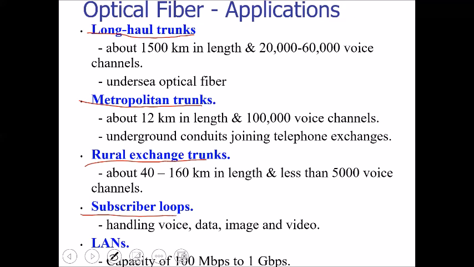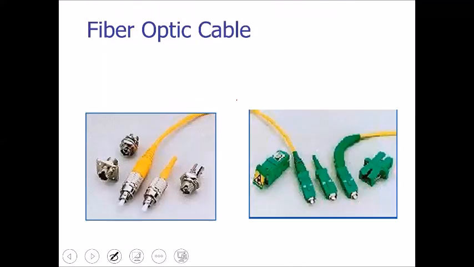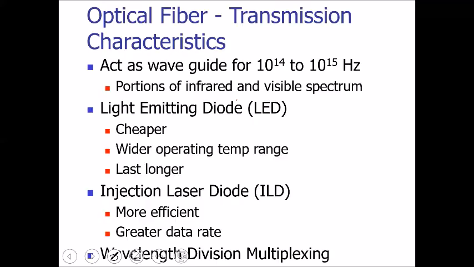A long haul trunk is a network that ranges roughly about 1,500 kilometers and consists of 20,000 to 60,000 voice channels. So these are basically different types of networks, and they use fiber optic cable. Here are some pictures of fiber optic cables for you guys to see.